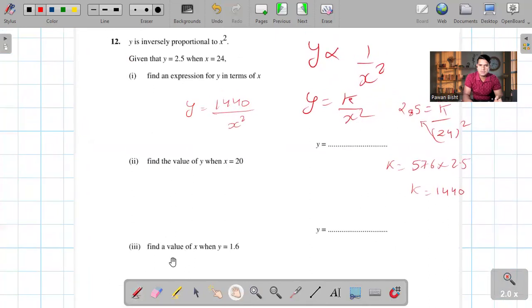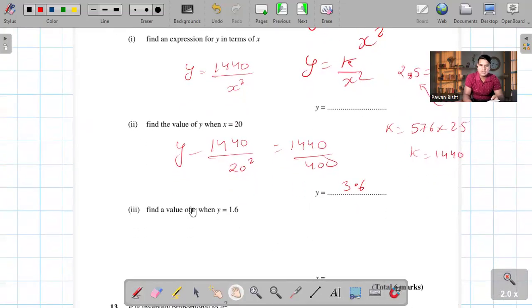Now find the value of y when x is 20. 1440 divided by 20 square, 1440 over 400. How much are you getting? 3.6. So y is coming 3.6.